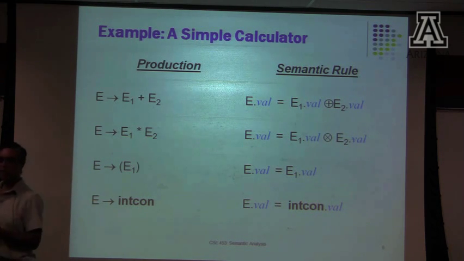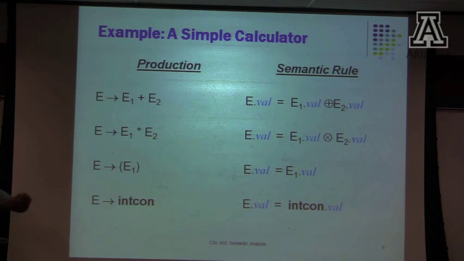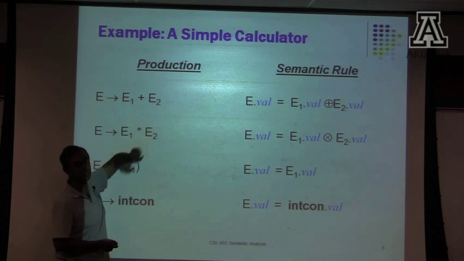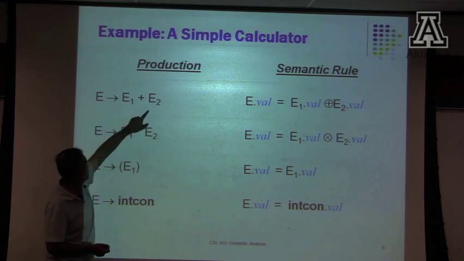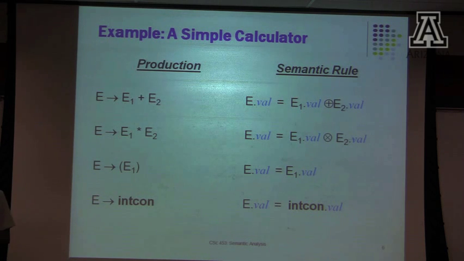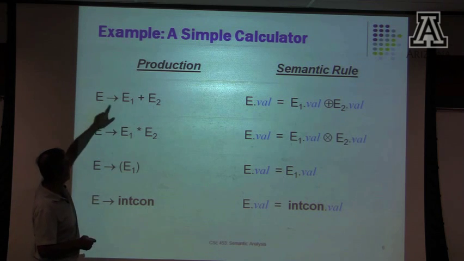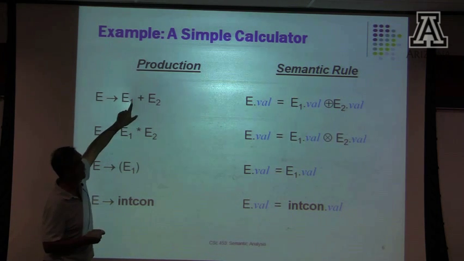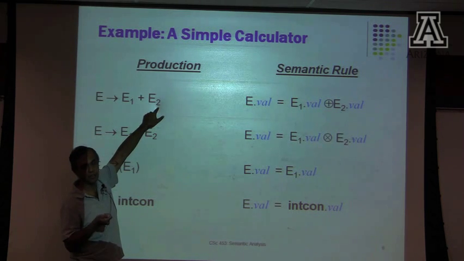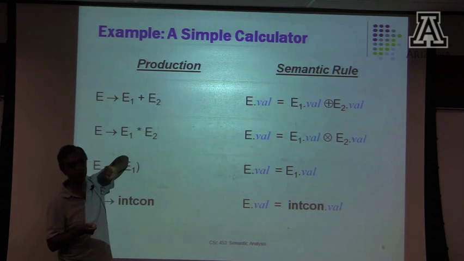Note, the E nodes are all different, because the value of this E is computed from these guys. That's the reason for the subscripts. It's not like the grammar has different variables E, E1, E2. The subscripts simply say, this is E, this is a different occurrence of E, indicated by the 1, and this is yet another occurrence of the variable, indicated by the subscript.